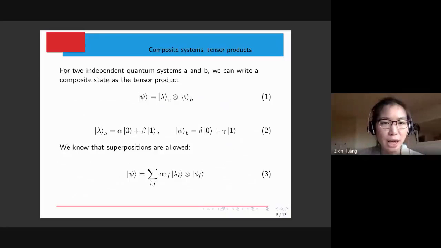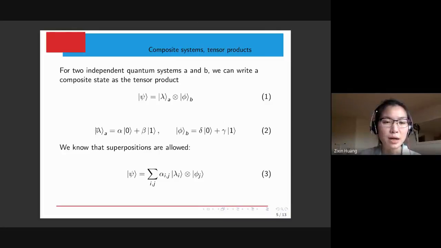So if we have two independent quantum systems, A and B, and we'll talk about two qubits here, possessed by Alice and Bob respectively, we typically write the composite state as a tensor product given by this notation. We can label these as |λ⟩_A and |φ⟩_B. The subscript A denotes that Alice has it, and the B denotes that Bob has it.